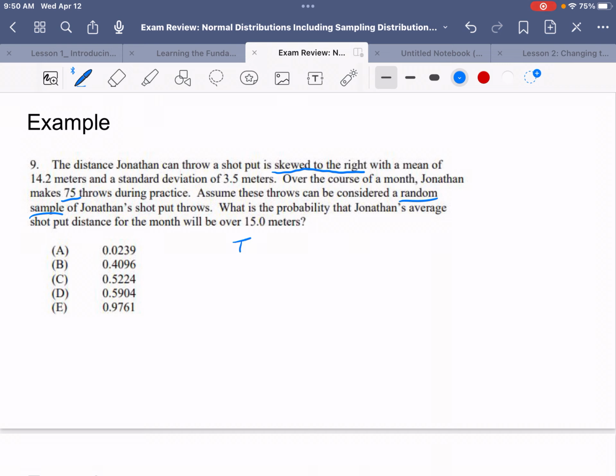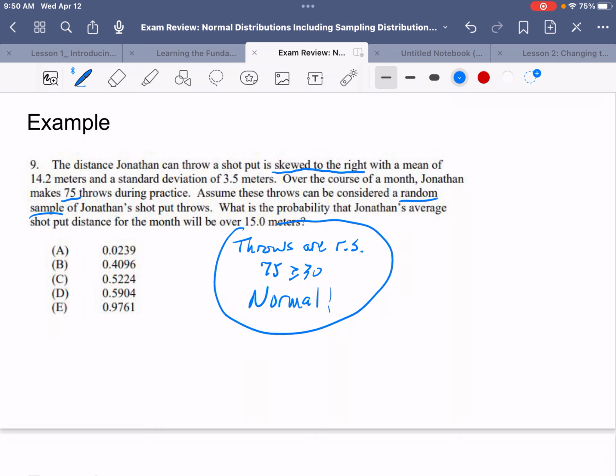Well, because the throws are a random sample and 75 is greater than or equal to 30, then we can consider using a normal distribution to answer this question. What is the probability that Jonathan's average shot put distance for the month will be over 15 meters?